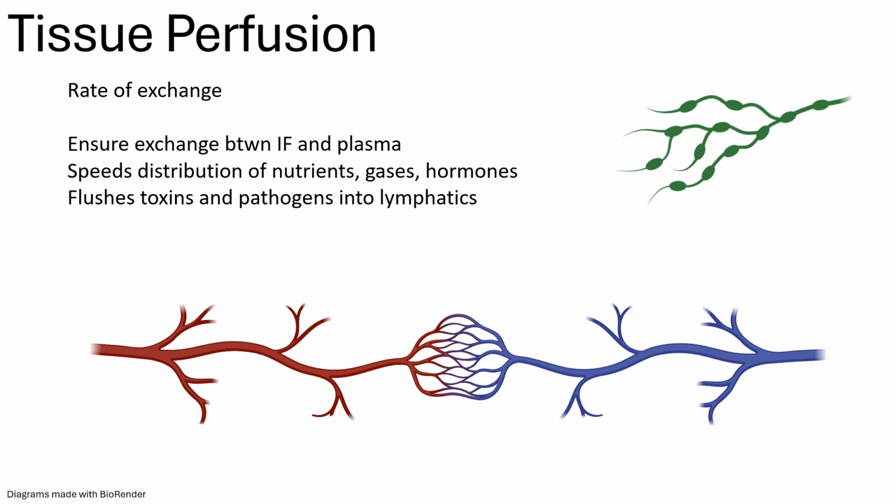I want blood pressure to be low so that I can get good tissue perfusion, right? And it ensures that I'm able to drop off oxygen, take up carbon dioxide, distribute hormones, and remove toxins and pathogens, right?